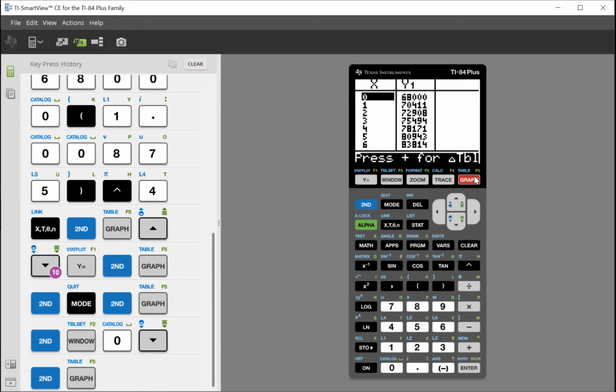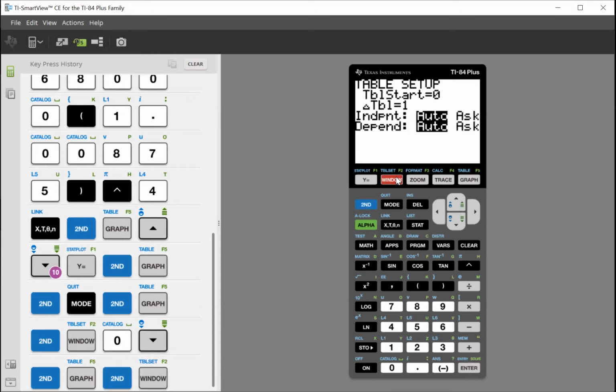Okay, whoever was asking me that, did that fix you? Okay, can you do that one more time? Because mine's doing the same thing. I don't know what you just did. Second window to do the table set. Are y'all pulling this up? Second is the blue button, and then hit the window button. Make sure that table start is 0.